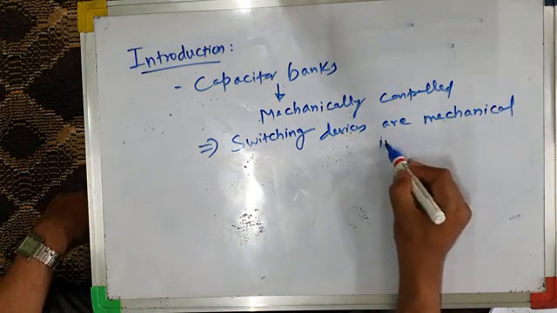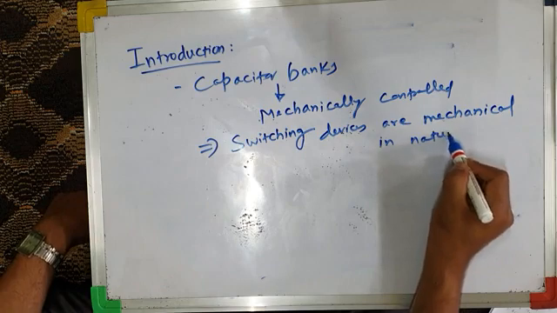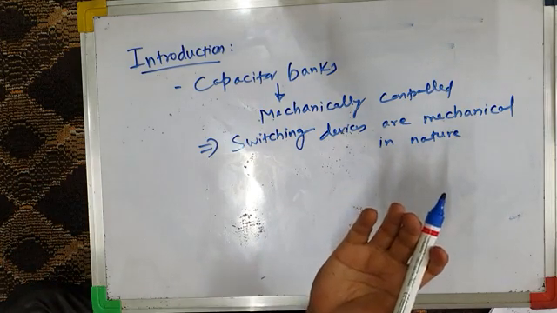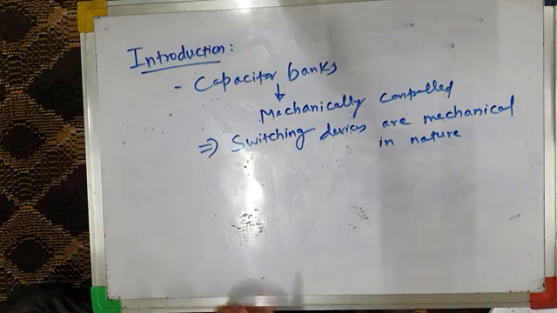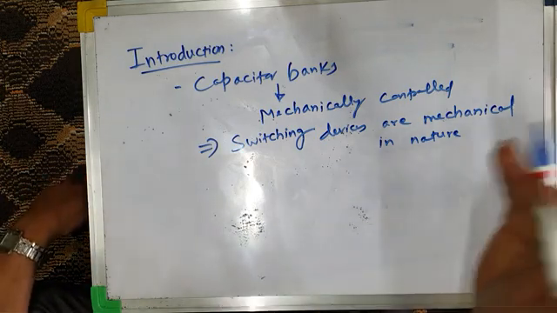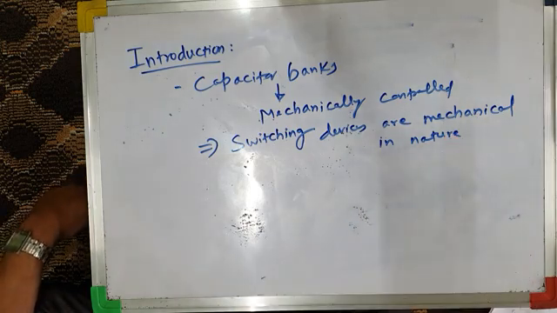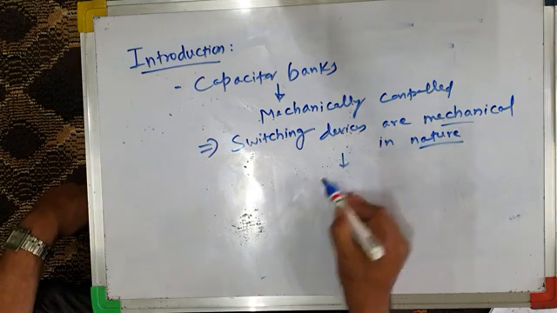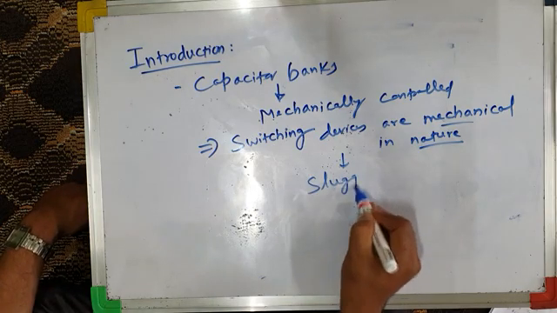So we have mechanical devices which may switch in some capacitor banks for reactive power compensation, or switch out some capacitors when large reactive power compensation is not required. Since these switches are mechanical in nature, they are sluggish. Their response is very sluggish.